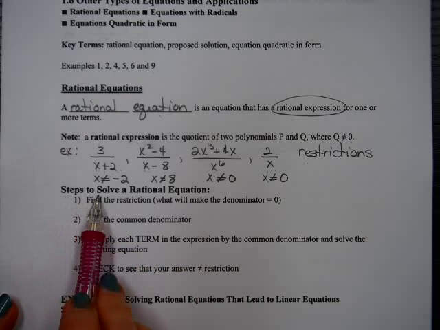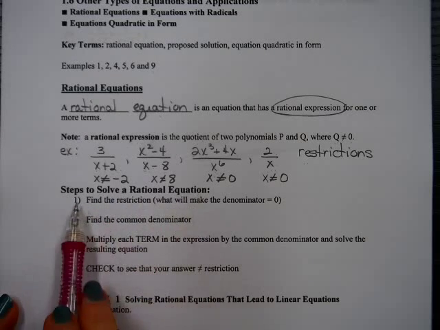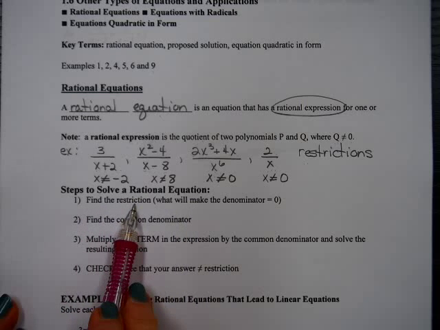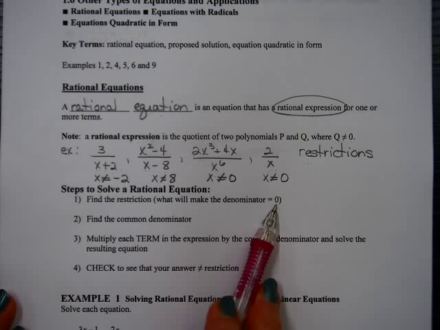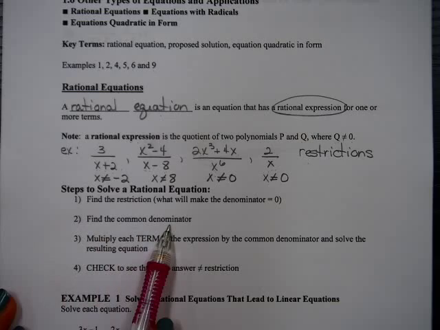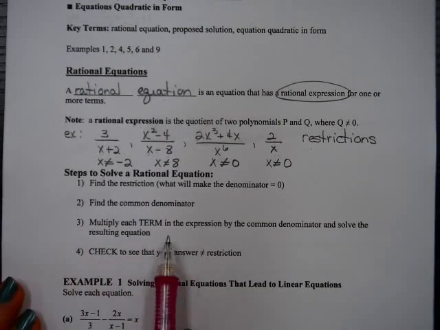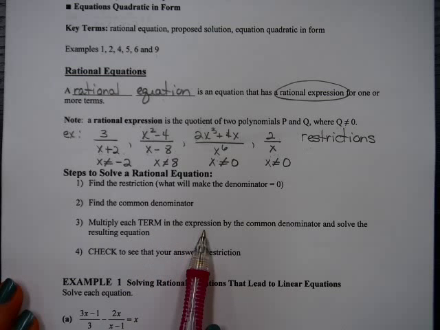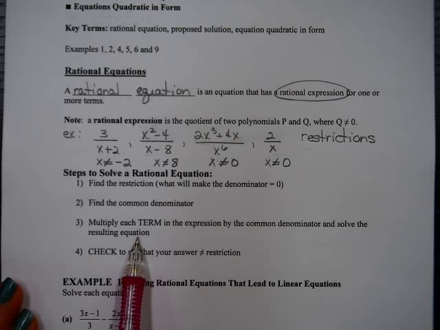So part of the steps we're going to use to solve a rational equation involve finding the restriction for every one of our problems. Remember, that's what will make the denominator equal to 0. The next thing we're going to do is find a common denominator. The next thing we're going to do is multiply each term in the expression by the common denominator and solve the resulting equation.